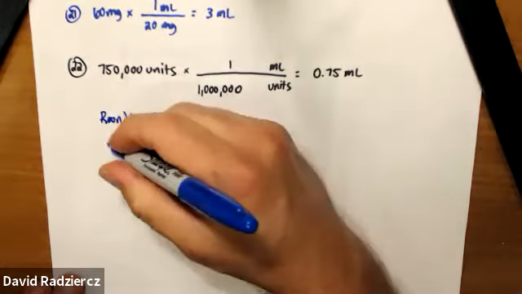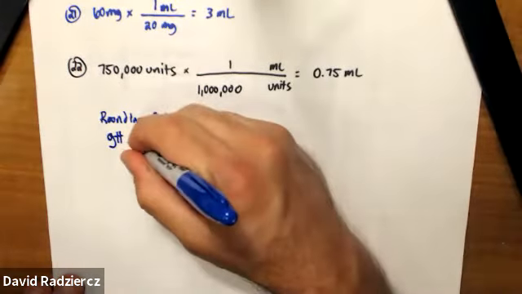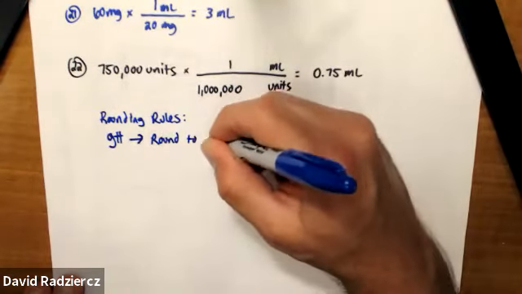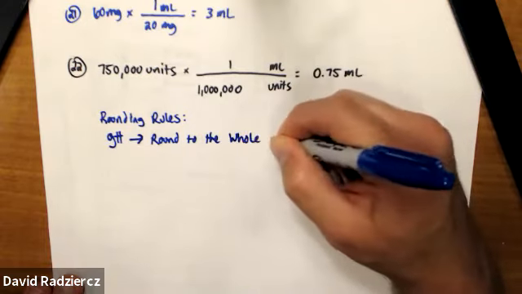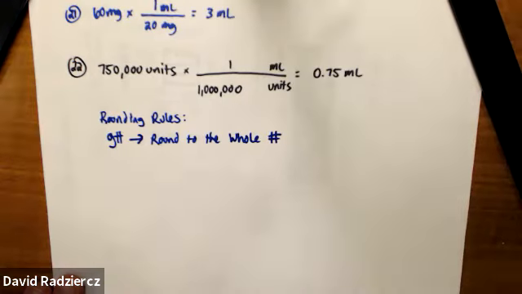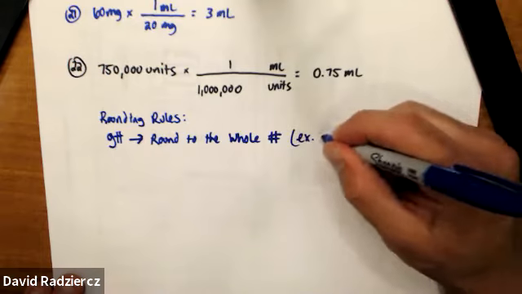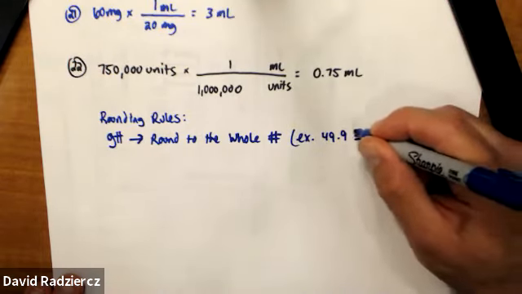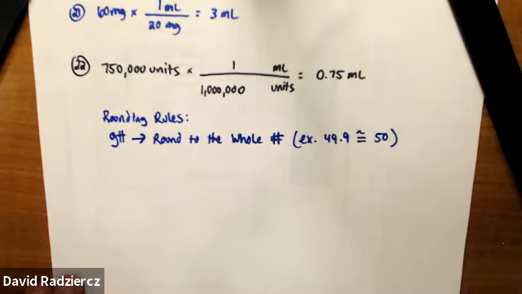First of all, when you're dealing with drops, the GTT, you're going to round to the nearest whole number. So as an example, if you get 49.9, that answer is going to be 50, because again, you can't give a partial drop.